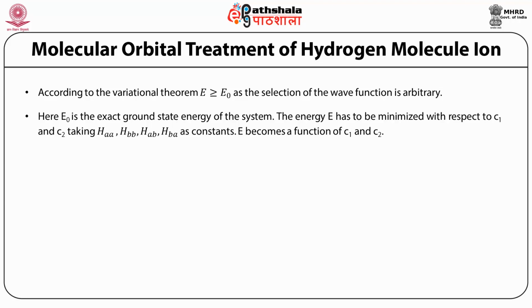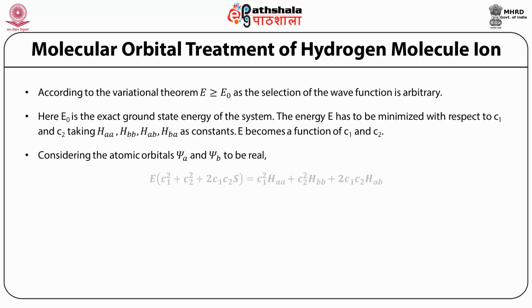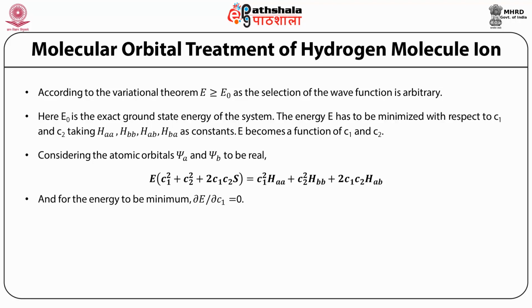E becomes a function of C1 and C2, and considering the atomic orbitals psi A and psi B to be real, that is, E(C1 square plus C2 square plus 2C1 C2 S) is equal to C1 square HAA plus C2 square HBB plus 2C1 C2 HAB. And for the energy to be minimum, curly E upon curly C1 is equal to 0.